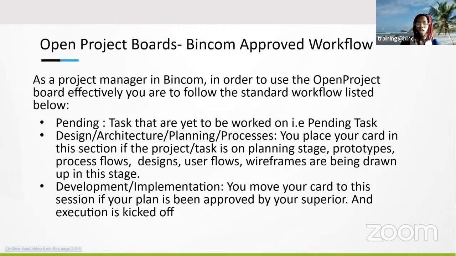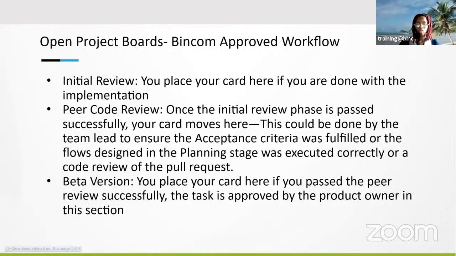And you move your task to the development and implementation card once you plan to kick off your execution. Same for initial review, you can place your card here if you're done with the implementation.